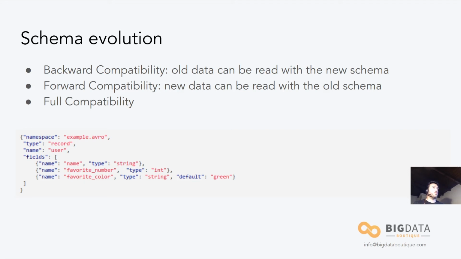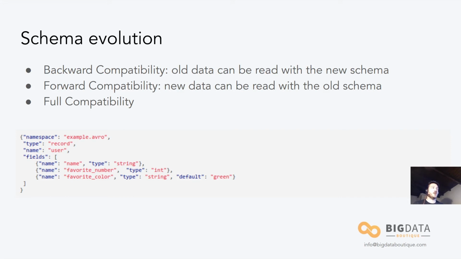The other mode we have is forward compatibility. In this case, we want to assure new data can be read with the old schema. So basically, if we, for example, remove this fabric number, the new schema isn't going to be forward compatible, because the new data isn't going to be able to be read with the old schema, which has fabric number as a mandatory field.